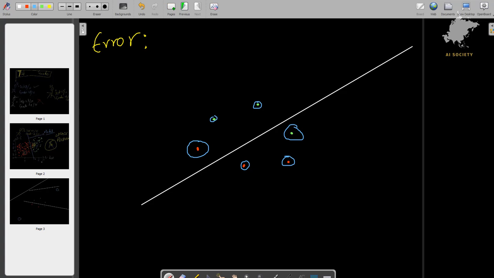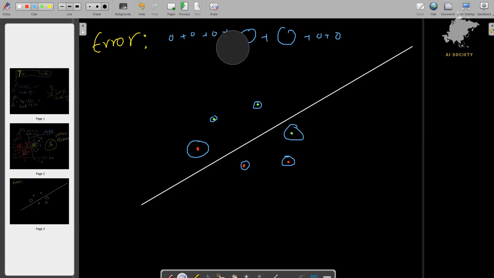So if we calculate the total error, let's say 0 plus big 1 plus small 1 plus small 1, it calculates the total number of errors by adding them simply.